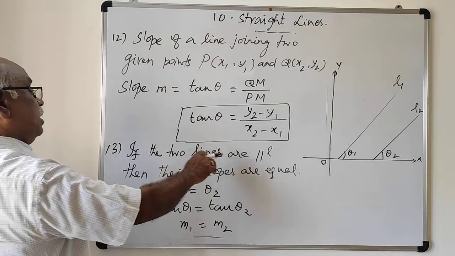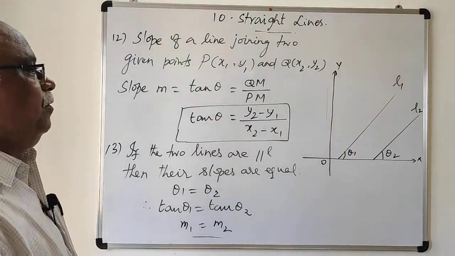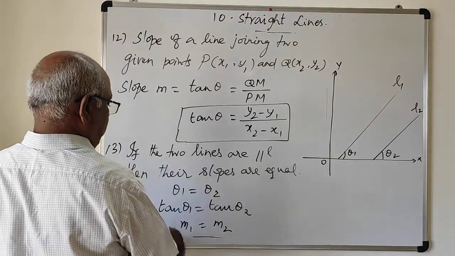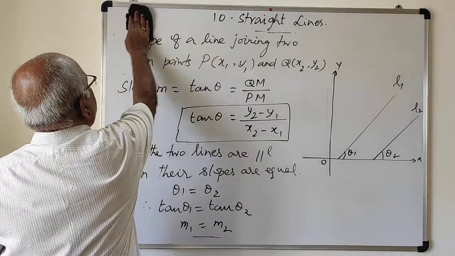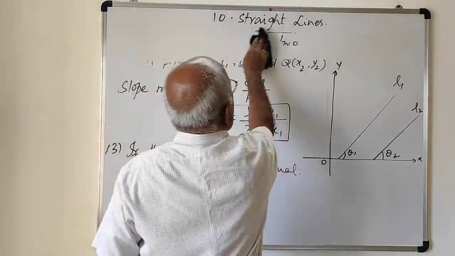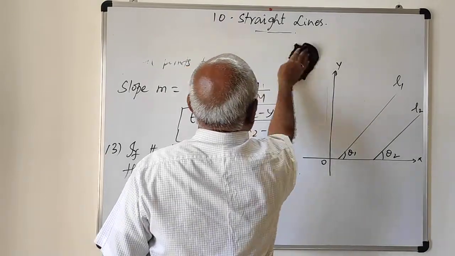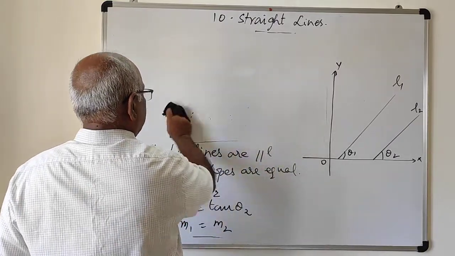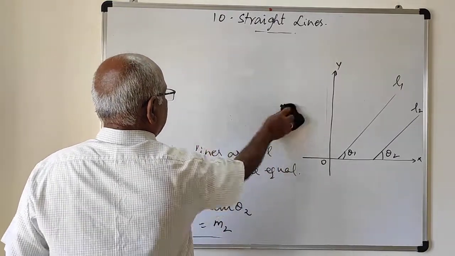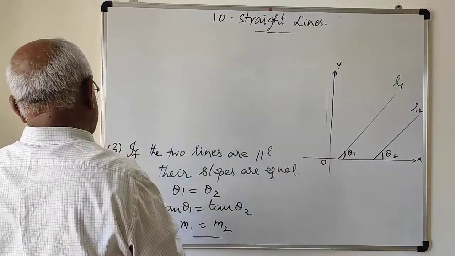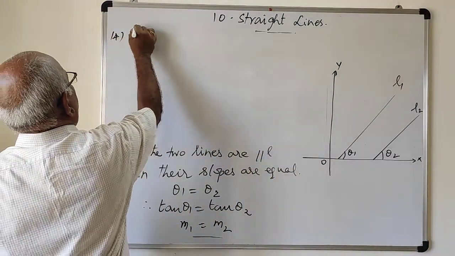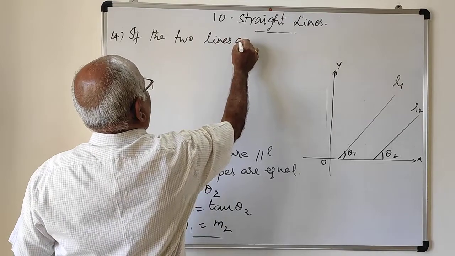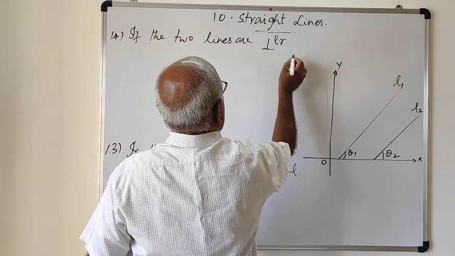Next condition: if the two lines are perpendicular, what is the nature of the slopes? We will see. If the two lines are parallel, their slopes are equal. Next one: if the two lines are perpendicular, what is the nature of their slopes?